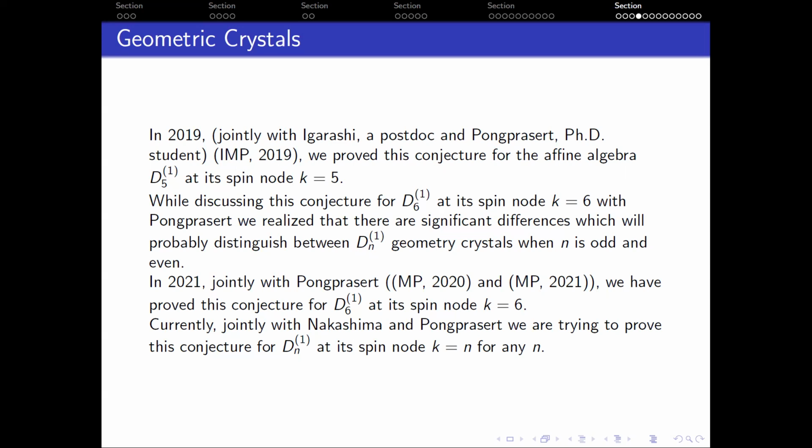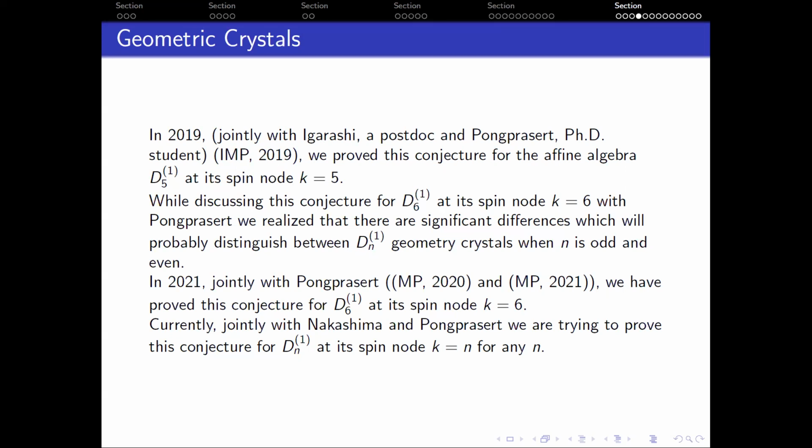But then I talked to Sujata. She was, of course, looking for a thesis project. So I said, naturally, let's look at D_6 upper 1. And we found that there are significant differences between D_5 and D_6, so it was worth working on that.